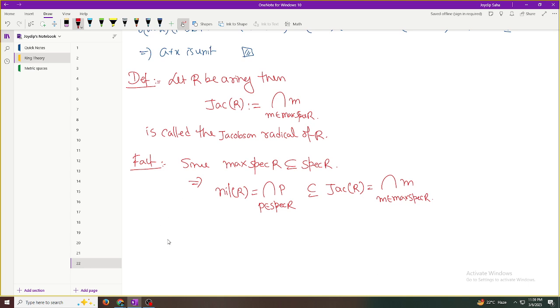Okay. Now I am closing with this question. Can you compute the Jacobson radical of Z[x]?